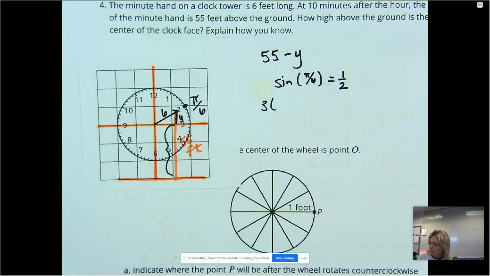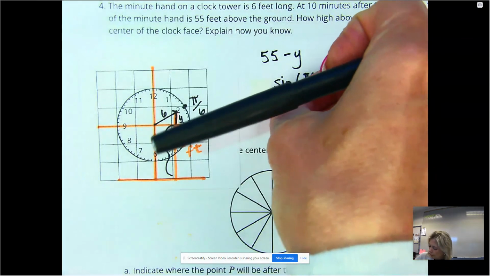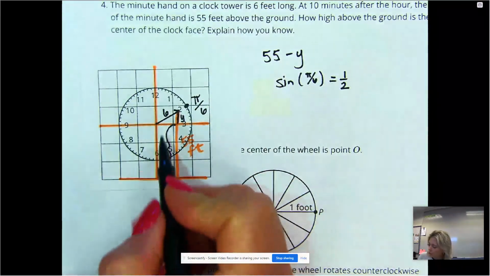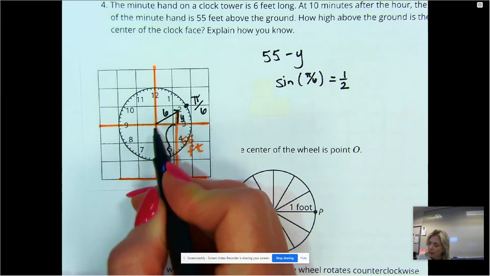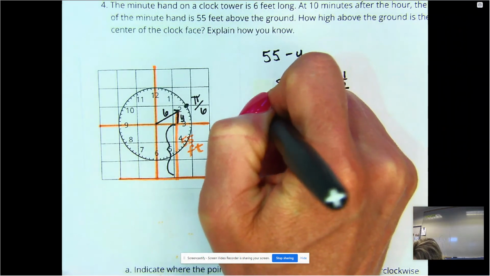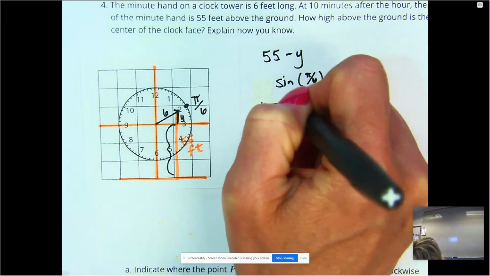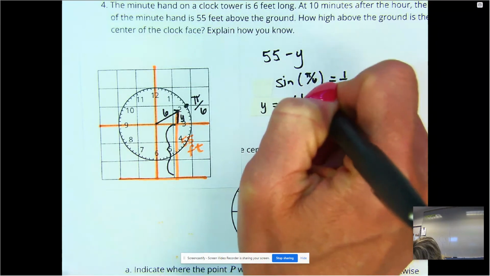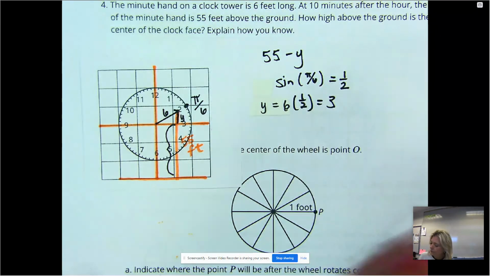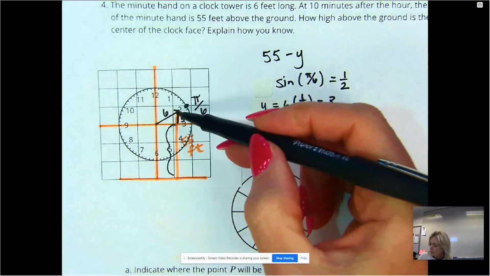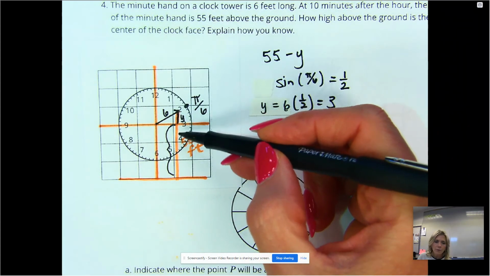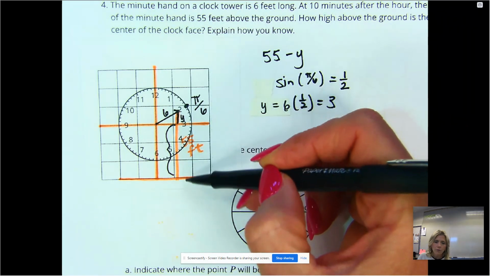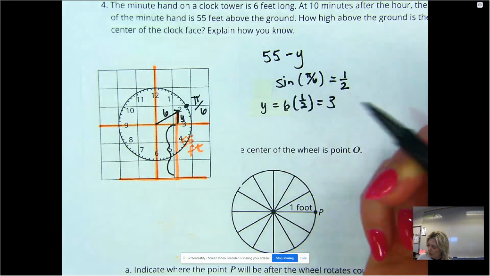So if the sine of pi over 6 is equal to 1/2, and y is equal to 6 times that because of the length of the minute hand, then y is equal to 6 times 1/2, which is 3. So I know from this whole distance, this little part right here is 3 feet, and this part right here is 55 minus 3.